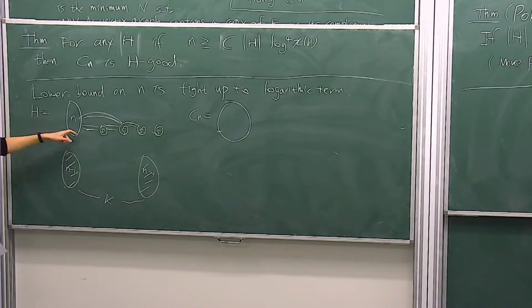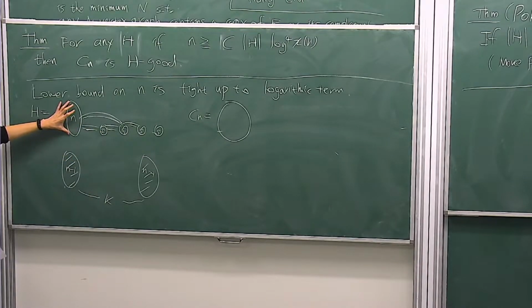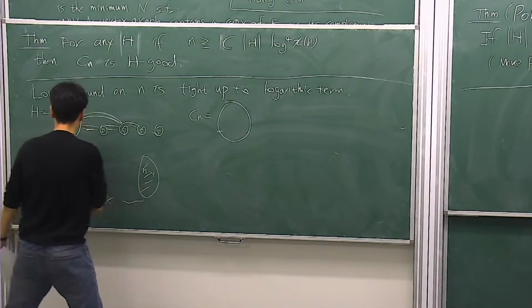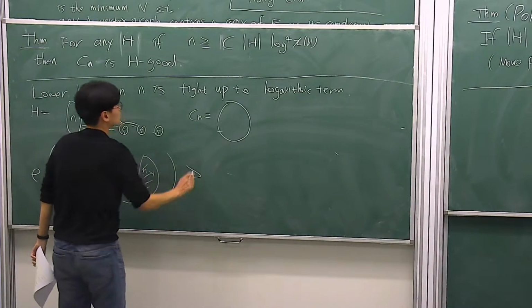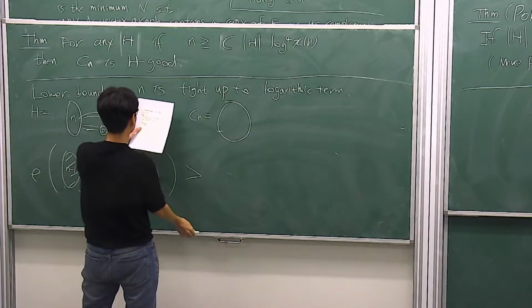And then H also does not fit into any one of them, not because of this, but this big part has nowhere to go. But the number of edges in here is strictly bigger than the expression.